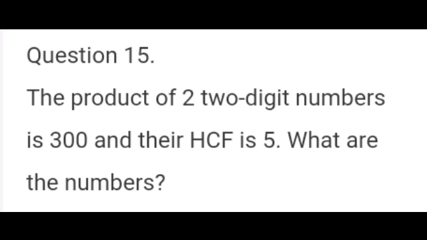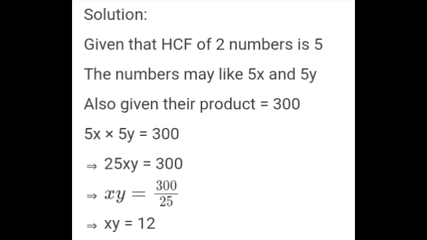The numbers we don't know, so we can take them as xy or pq or like that. But here the HCF is 5, so 5 is a factor, isn't it? So now we can take the numbers as 5x and 5y.